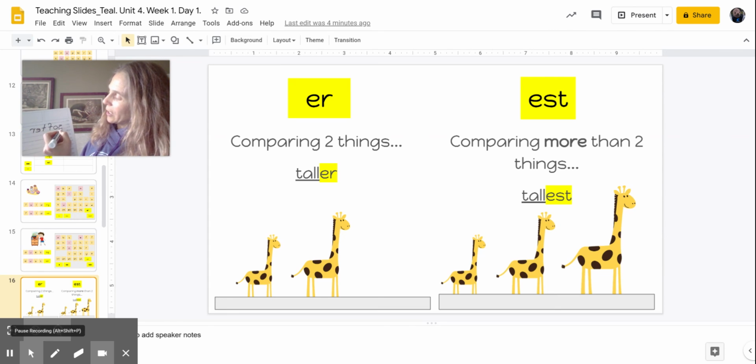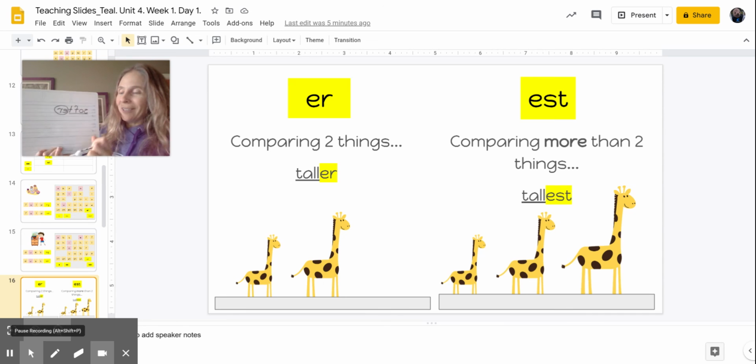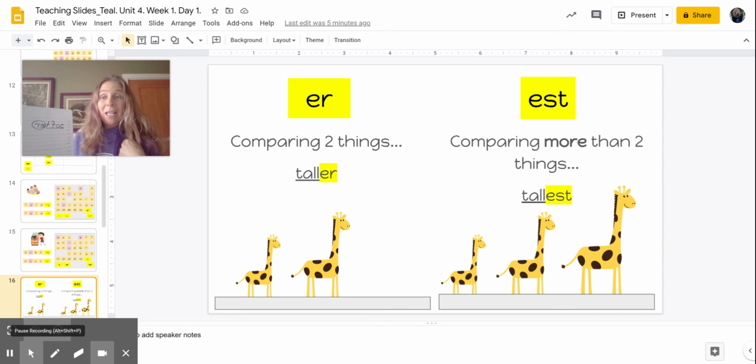Softer. I'm going to underline my base word and circle my suffix. Like my pillow is softer than your pillow. I'm comparing me and you. Now let's say my husband has the softest pillow of all of us. So I'm comparing me, you, and my husband.